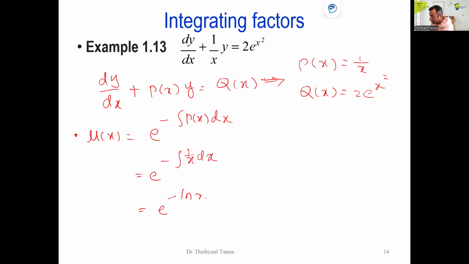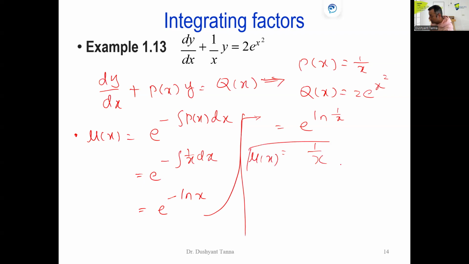Integration of 1 on x is ln x. That would lead to e raised to ln 1 on x, or x power minus 1. And therefore, your mu x is 1 on x. That was a bit of an easy part, right?